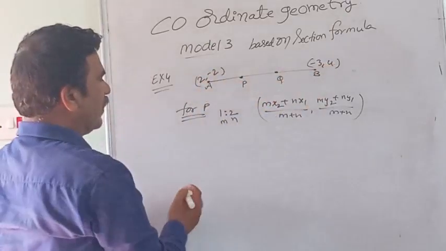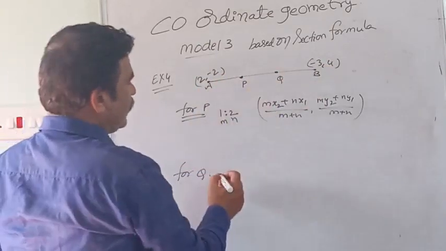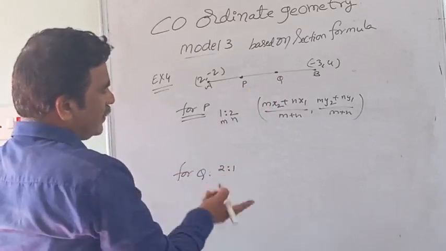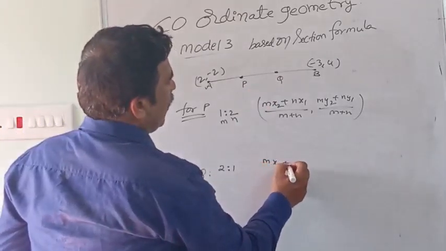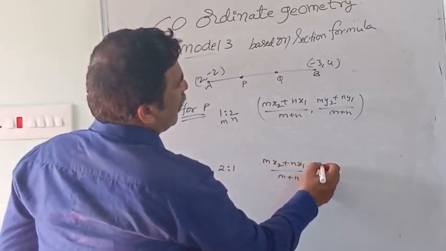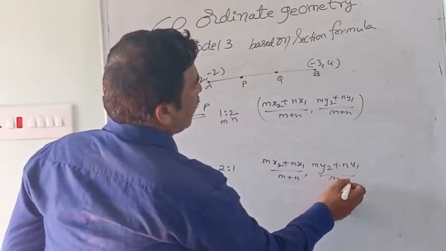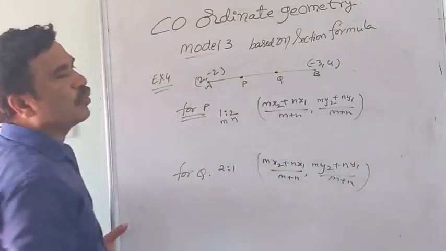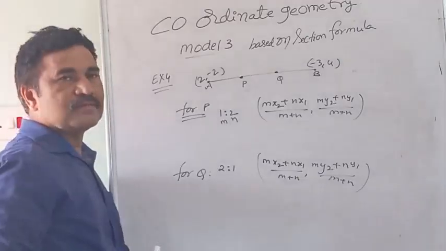You can do it easily. For Q, see, take the ratio as 2:1. M is 2, n is 1. Same formula mx2 plus nx1 by m plus n, my2 plus ny1 by m plus n. The change is for P 1:2, for Q 2:1. Nothing else.